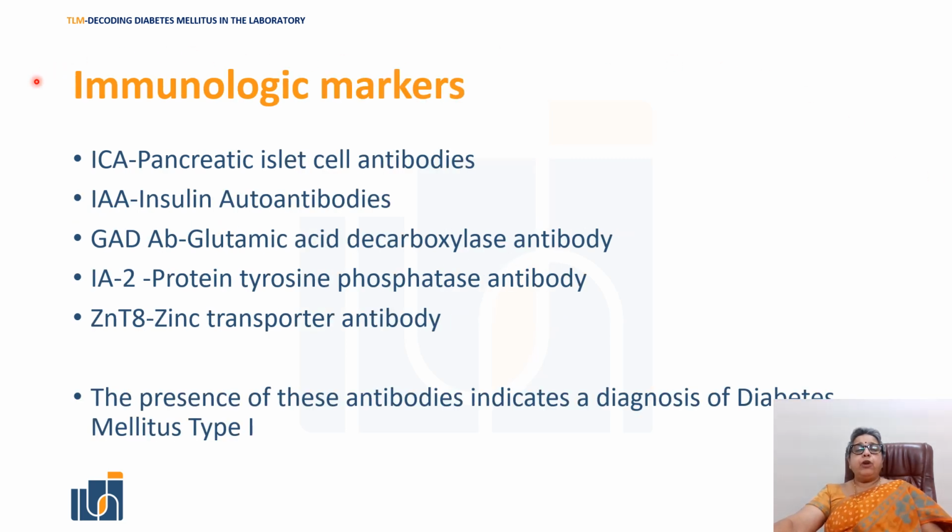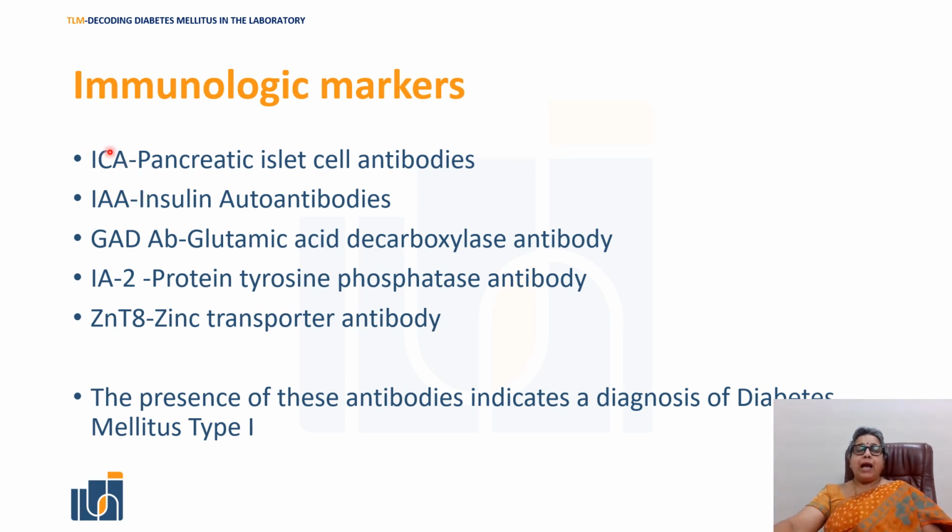Moving on, we also have certain tests which are immunological markers. If you recollect, when we differentiated type 1 diabetes from type 2 diabetes, we said type 1 diabetes was an autoimmune disorder. So when you have an autoimmune disorder, you can measure antibodies to ensure that you're diagnosing diabetes mellitus properly. What are the common antibodies that we can measure to establish a diagnosis of diabetes mellitus type 1?